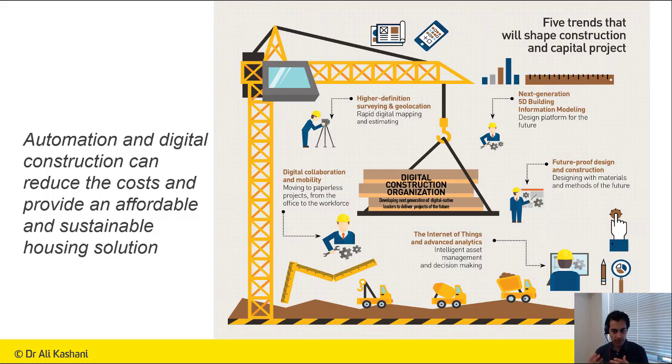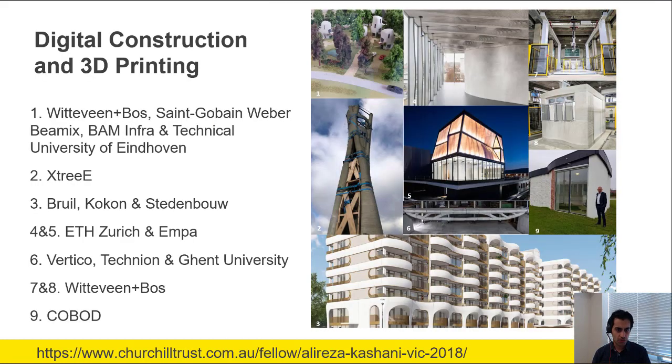We are gradually increasing automation, such as building information modeling and the Internet of Things. But there is also another concept called future-proof design and construction, what we call digital construction, and 3D printing is one of those.